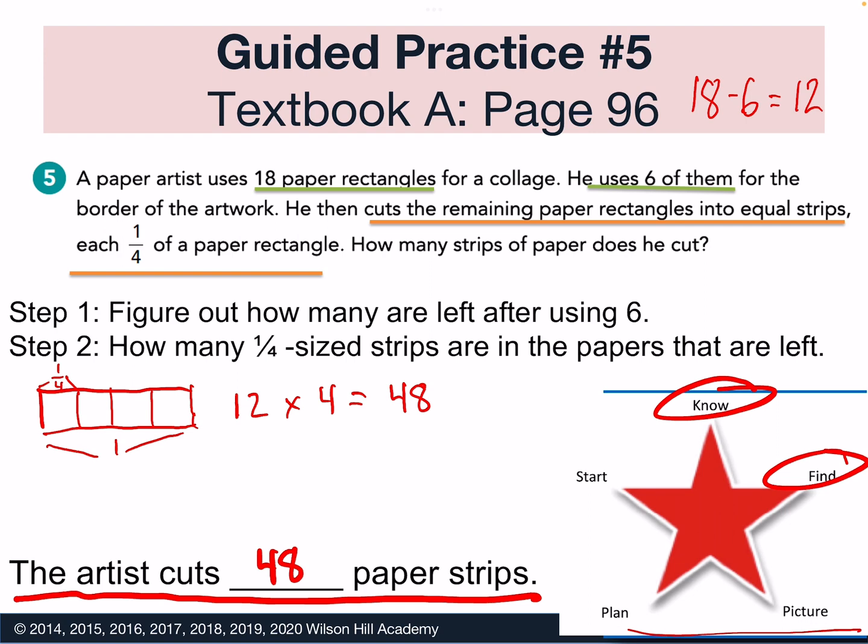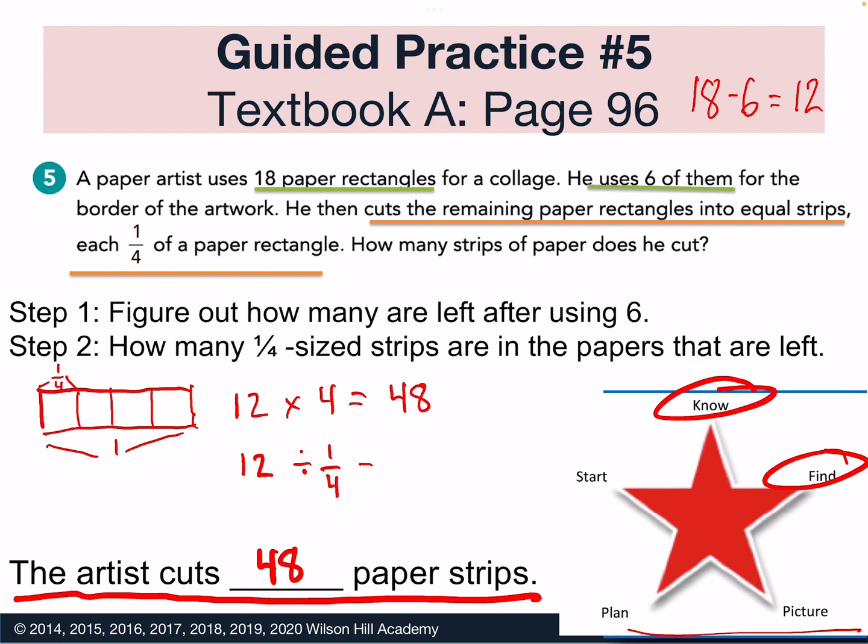However, what happens if the numbers are really kind of scary and you can't easily see in your mind what a quarter looks like? Well, we could do it a different way. We could say there are 12 papers and we're asking ourselves, how many quarters are in 12?